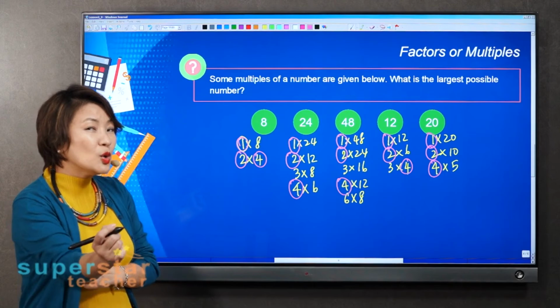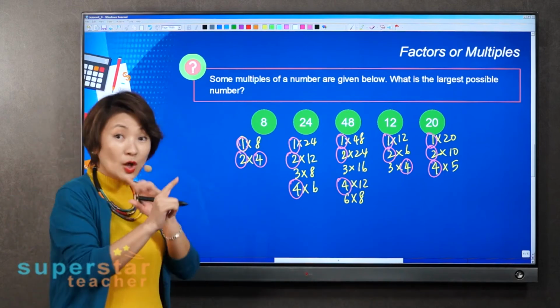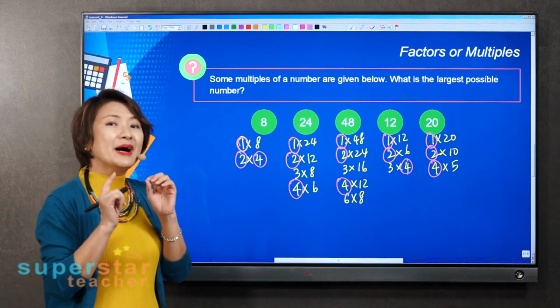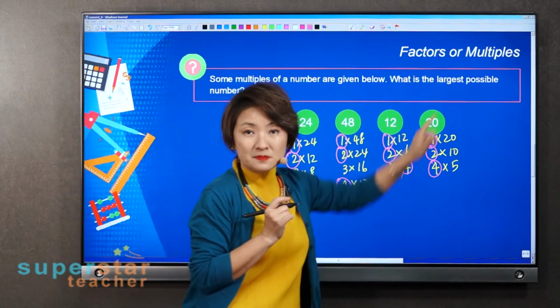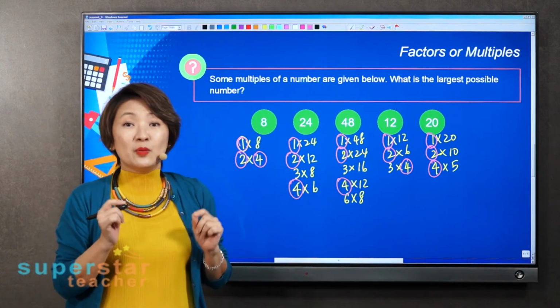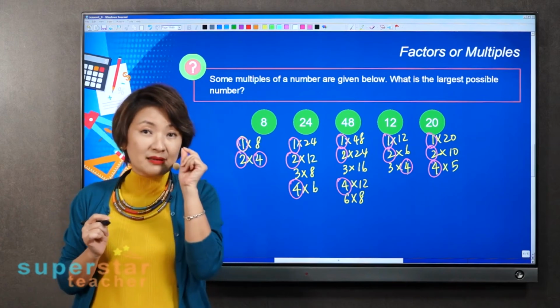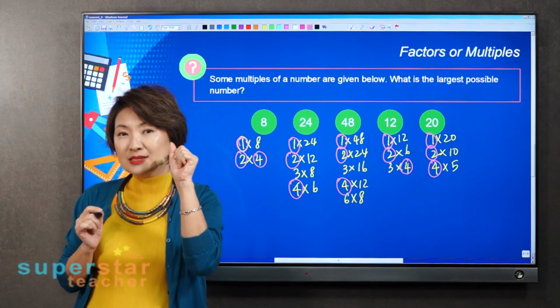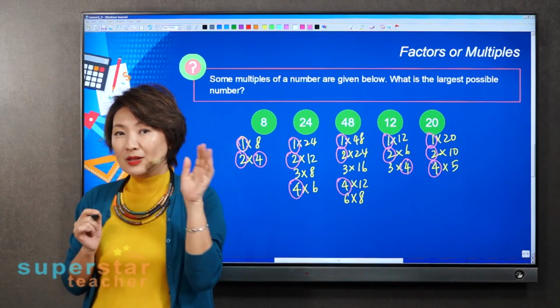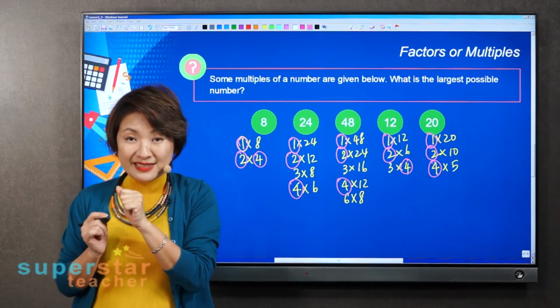One of the clues that I use to help myself, not always possible, is this word, largest. Remember I told you, when you look for the largest something, do they usually ask for the largest common multiple or the largest common factor?